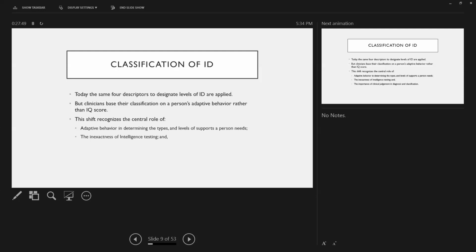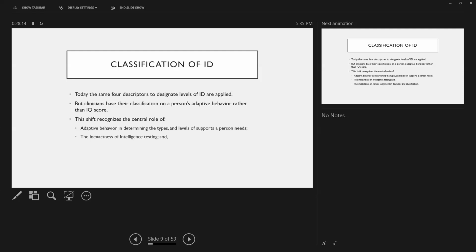Just because you score at one level on an IQ test during a given administration does not mean that you will necessarily get that same score when you test again. Of course, tests like the Wechsler IQ test and the Stanford-Binet IQ test are said to be reliable.